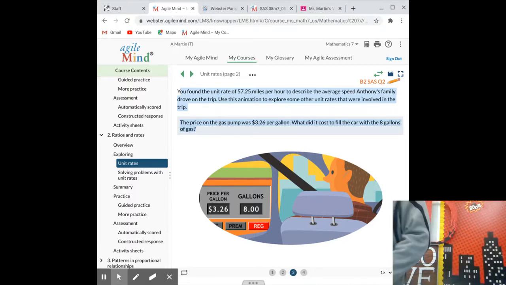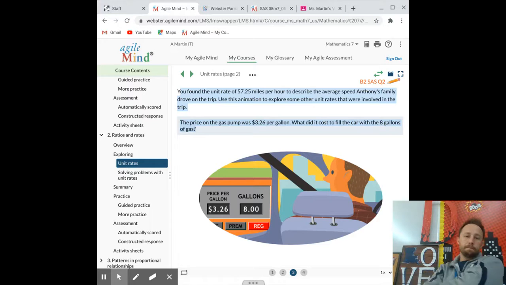He used this animation to explore some other unit rates that were involved in the trip. The price on the gas pump was $3.26 per gallon. What did it cost to fill the car with 8 gallons of gas?